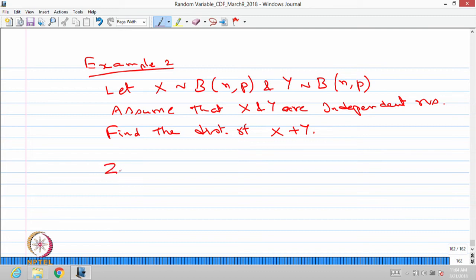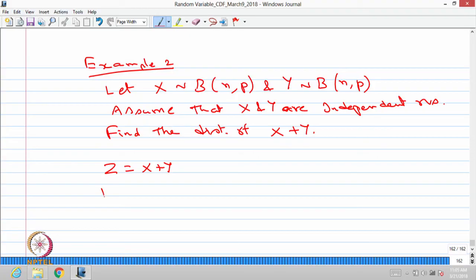I will take z as x plus y. Since x is binomially distributed, the possible values are 0, 1, 2 and so on till n, and y is also binomial with the possible values 0, 1, 2 and so on till n. Therefore, the possible values of z are going to be 0, 1 and so on till 2n.